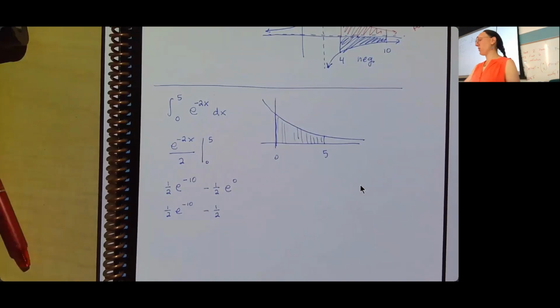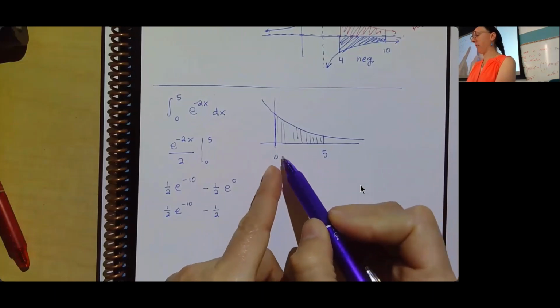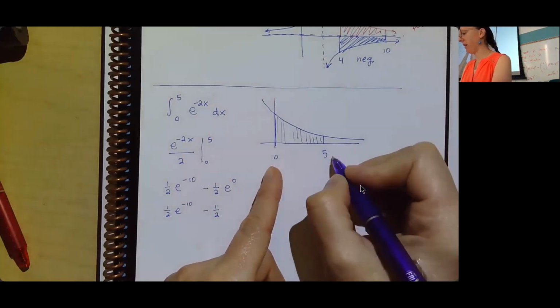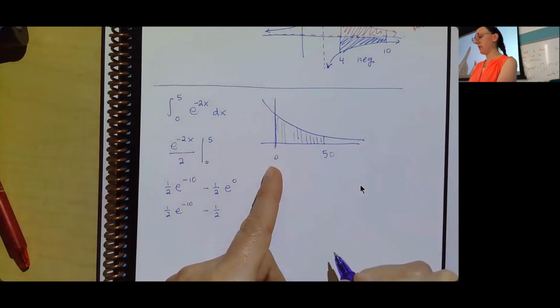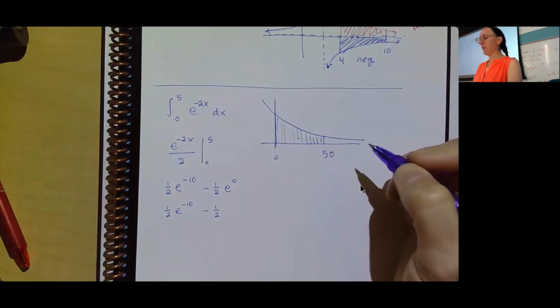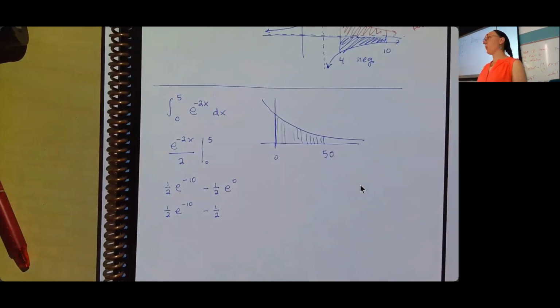What if I told you that I didn't actually want to find the area between 0 and 5? I actually wanted the area between 0 and 50. What's the only thing that would change my answer down here?